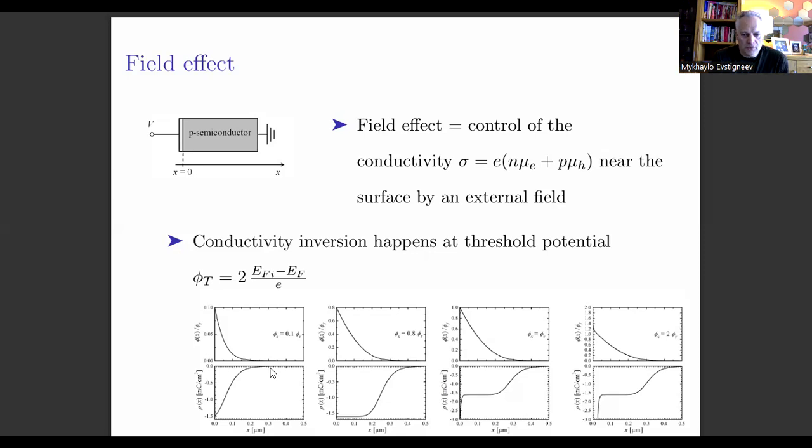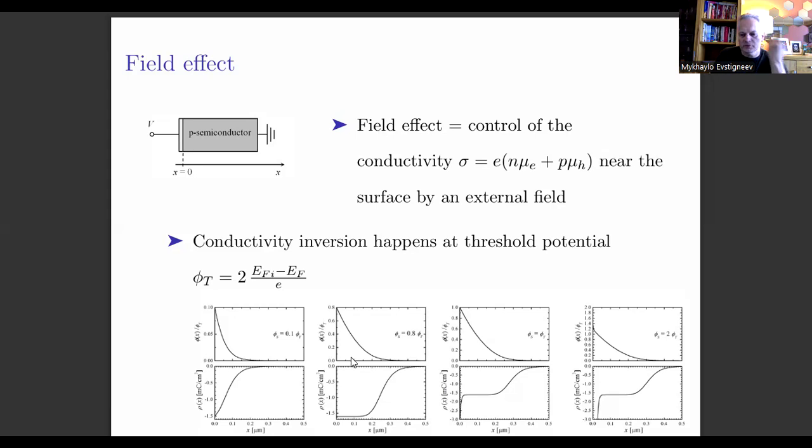So the concentration of holes is much smaller than the concentration of the ionized acceptors. And at the same time, you have attracted minority electrons, but the concentration of electrons is not yet big relative to the concentration of the ionized acceptors. So you can neglect both electrons and holes in this depletion layer.